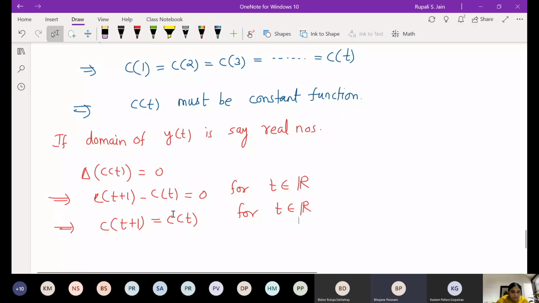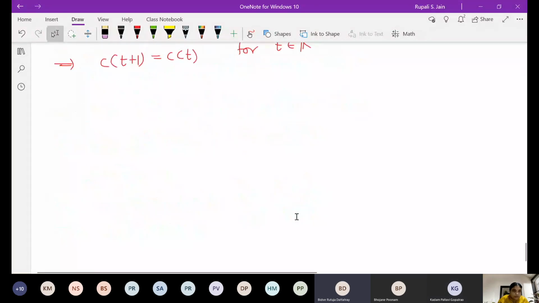c of t plus 1 is equal to c of t. It is some periodic function. Yes, ma'am, a periodic function with period 1. So not only a constant function, but a periodic function.